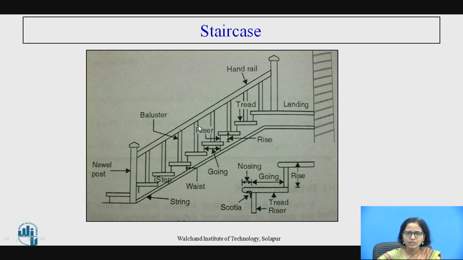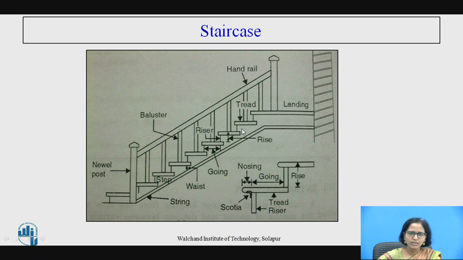For the balusters, an inclined member called the handrail is provided, which acts as a supporting member. Overall, for the balusters and the handrail, a newel post is provided as a support. The newel post is provided at the first and the end of the staircase.